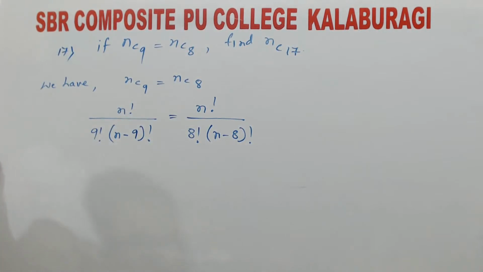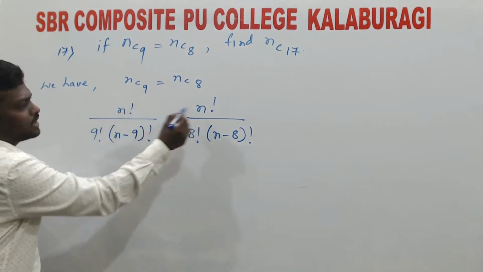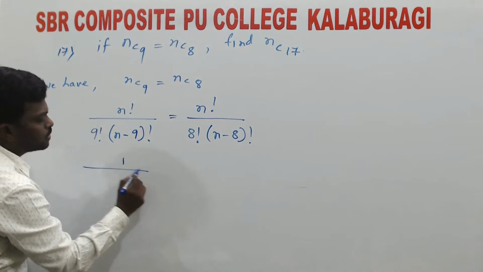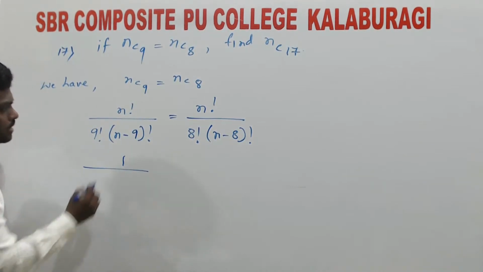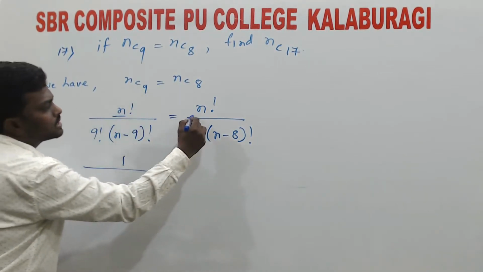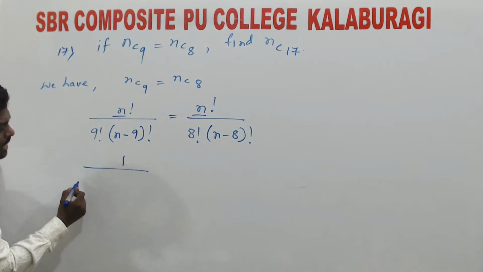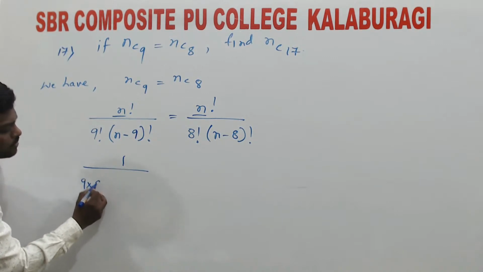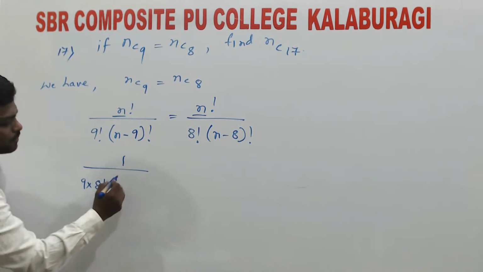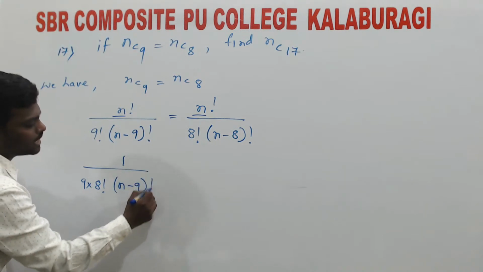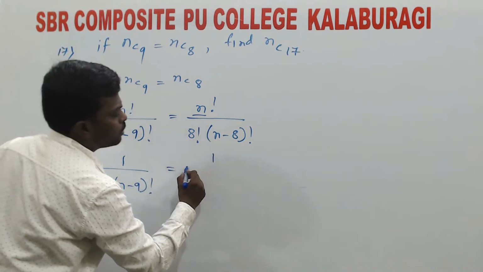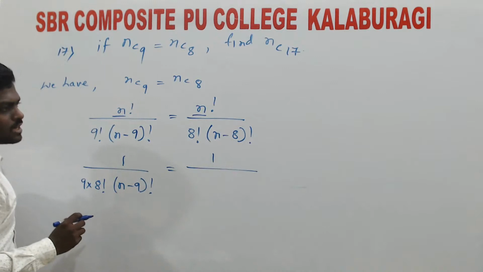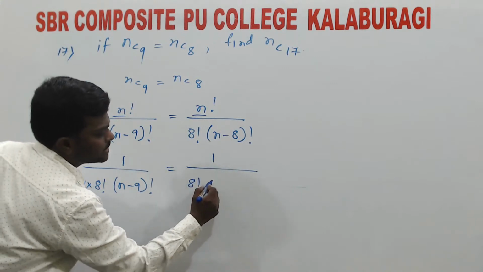Okay, students, now if you see, n factorial gets cancelled. So now can I write this as 1 by 9 factorial? Can I write 9 factorial as 9 into 8 factorial? Then (n minus 9) factorial equals, n factorial has been cancelled now, 8 factorial as it is.